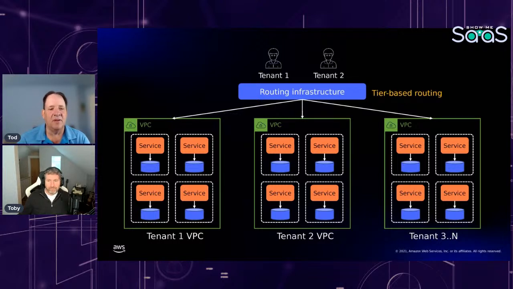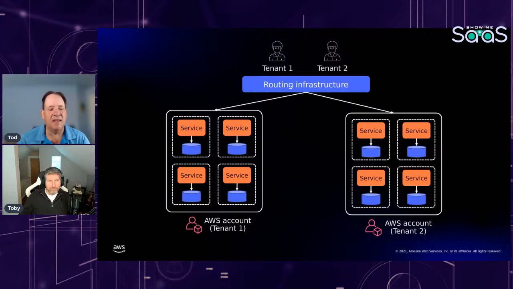Totally. Now, the other one we see a lot is this notion of account per tenant. It has many of the same caveats attached to it that we had with VPC per tenant. Scale is still an open question here. How many accounts are you really going to run? I think the mechanisms here are more about whether you are doing something cross account.